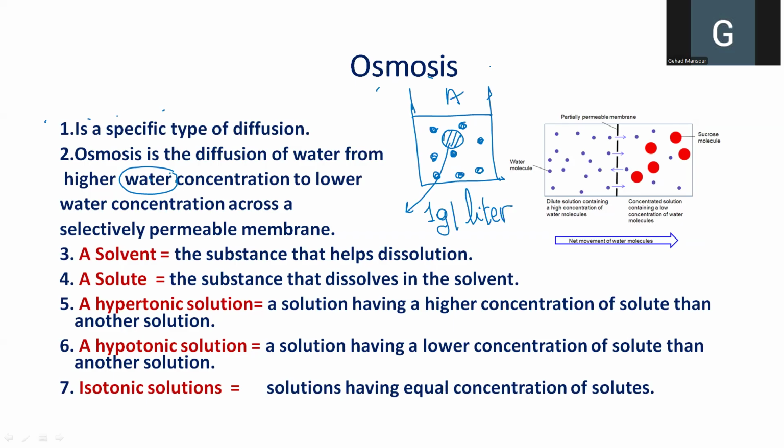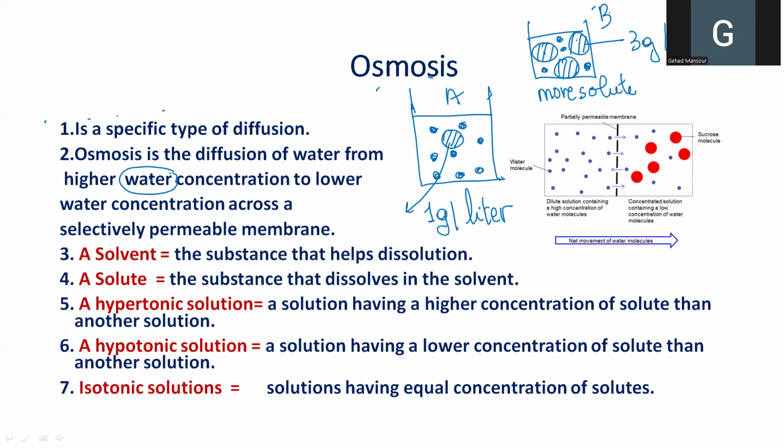This is solution A. But solution B has 3 grams of sugar per liter. Of course, since it has more of the solute, it will have fewer molecules of water per unit volume.